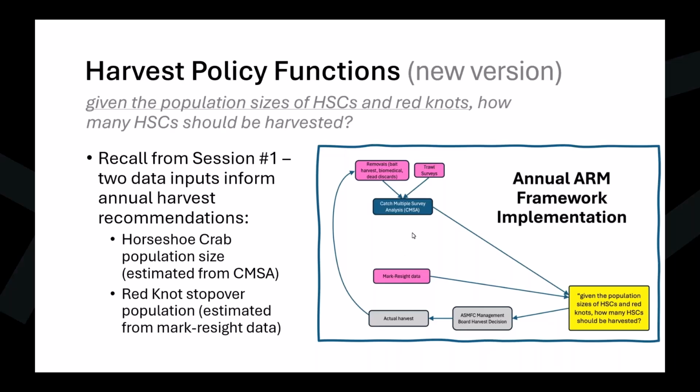No, it's the other boxes, isn't it? Yeah. So the pink inform the blue here, and the catch multiple survey tells you your estimate of male and female horseshoe crab abundance in a given year. Then the mark-resight data of the red knots tell you the abundance of red knots. Those get plugged into the harvest policy function. Out come the gray boxes, the recommendations for harvest.